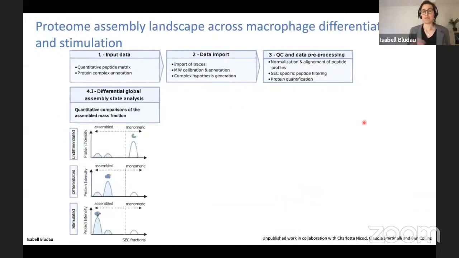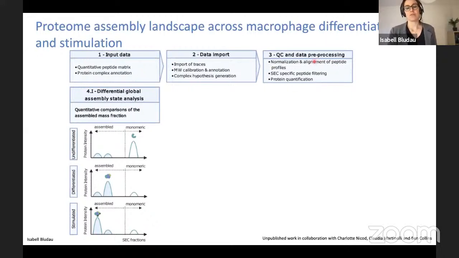So now having this data across a lot of conditions and different replicates, we also had to extend the CC profiler framework. So as before, we have a quantitative peptide matrix and a protein complex annotation as input data. We then import the data, perform a molecular weight calibration, and generate hypotheses.